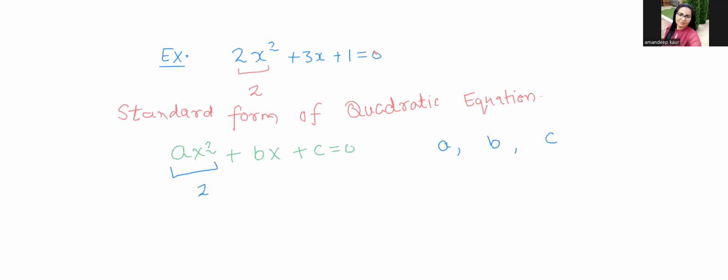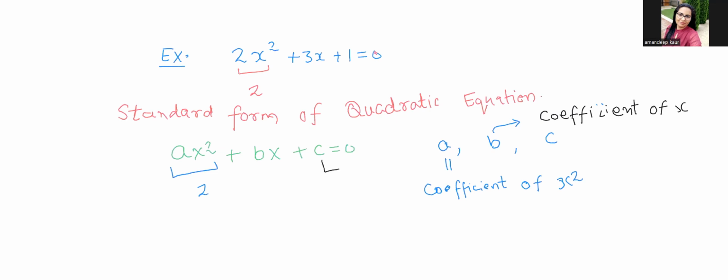We call a the coefficient of x square, b the coefficient of x, and the last one, c, we call a constant.